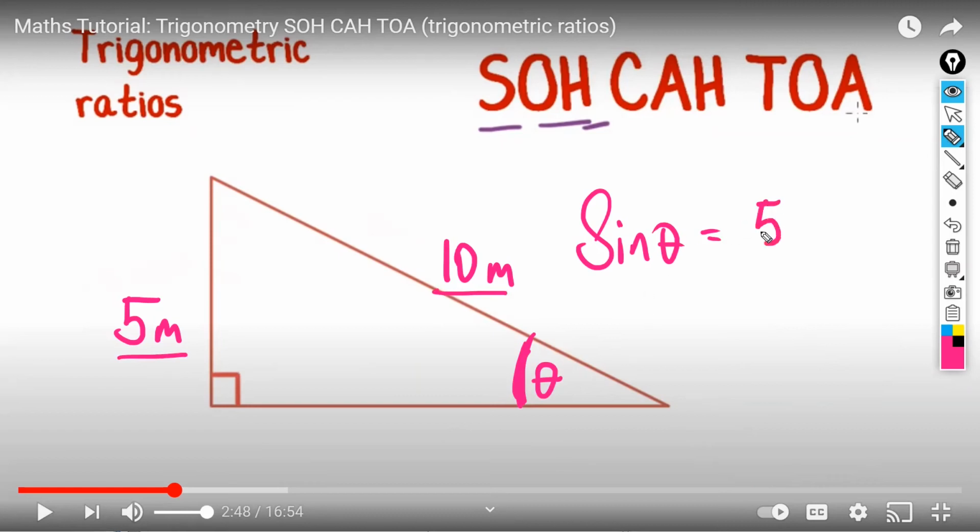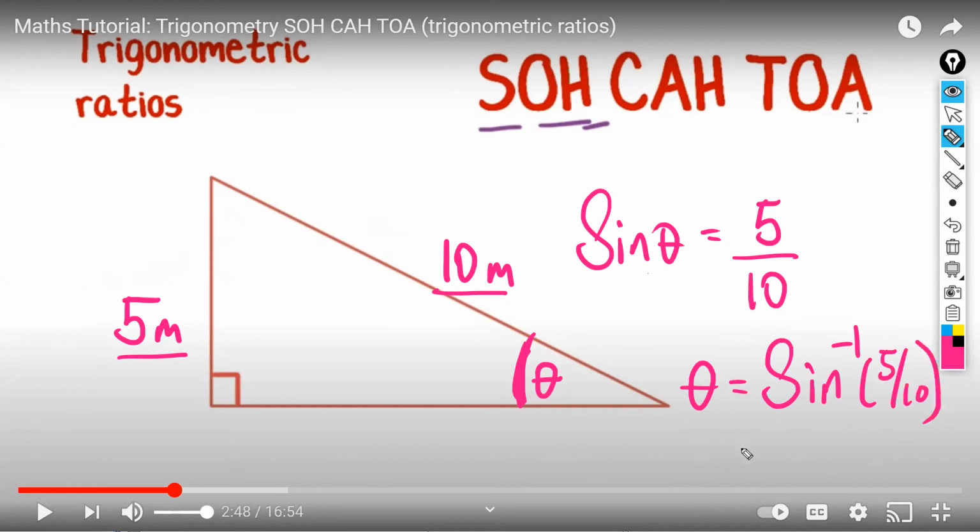The opposite side is 5 over 10. And in order to find the angle, guys, we'll have to find the sine inverse of 5 over 10. And that would give you 30 degrees, right? So these are the three cases where you use sine.